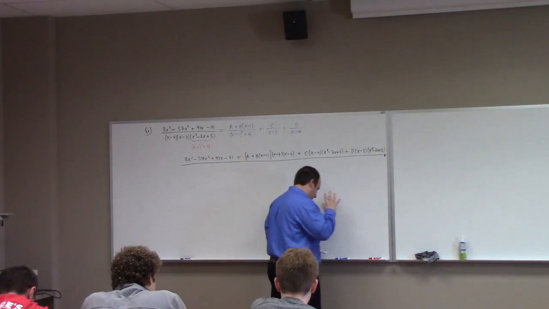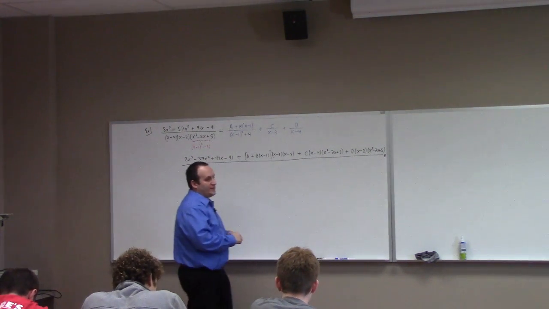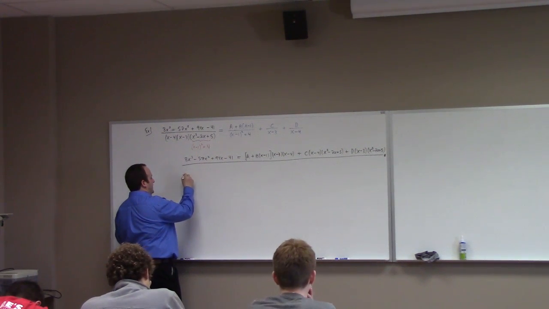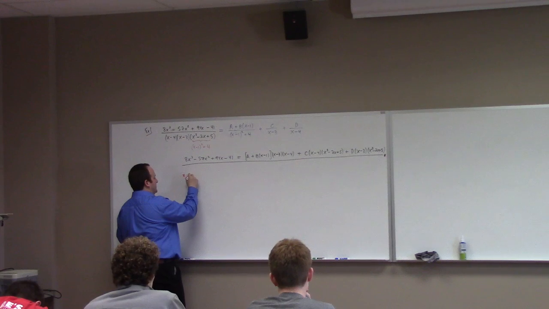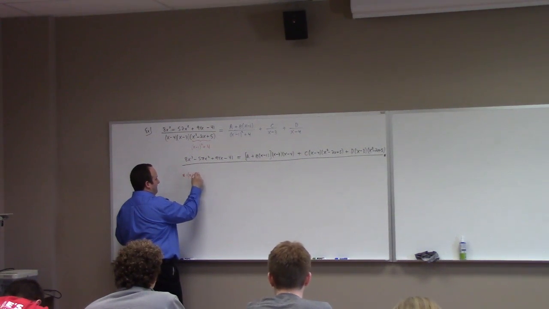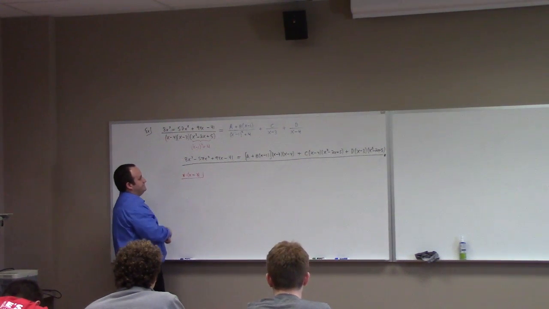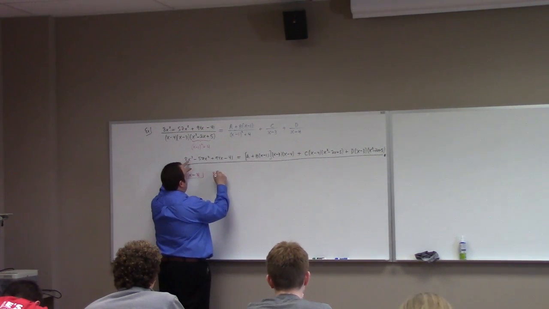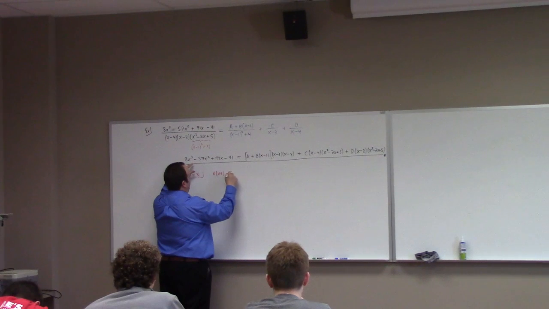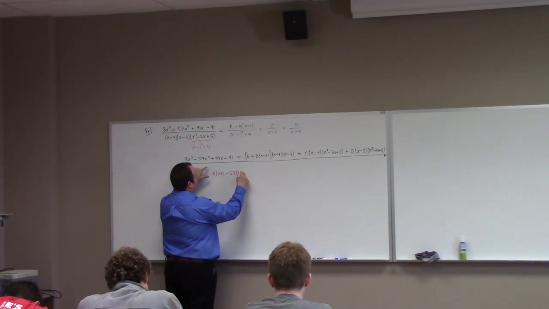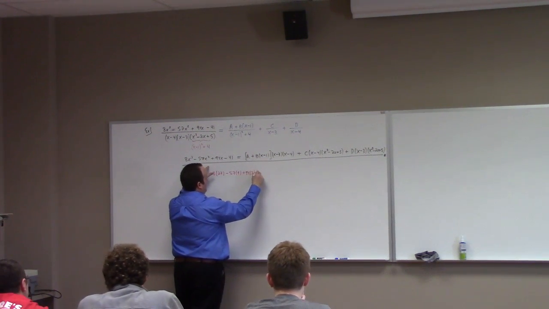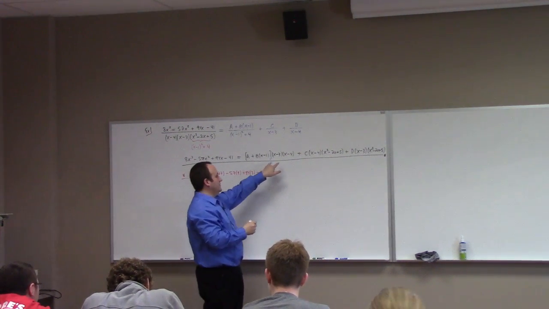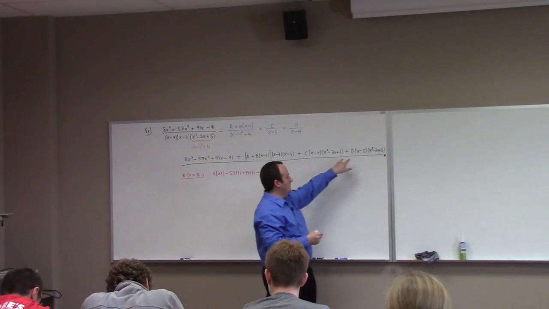Now, the start of my solution is going to be rather unsurprising. I'm going to take star and set x equal to 3. What's that going to tell me? 8 times 27 minus 57 times 9 plus 94 times 3 minus 41 is equal to, well, that's 0.